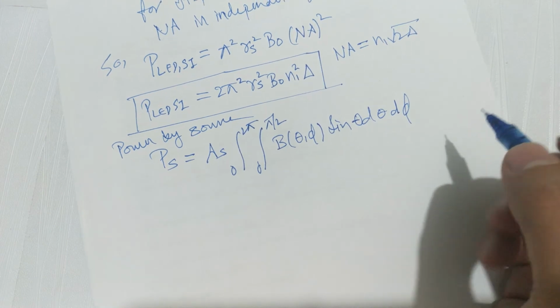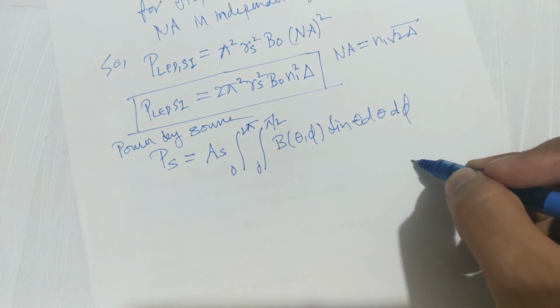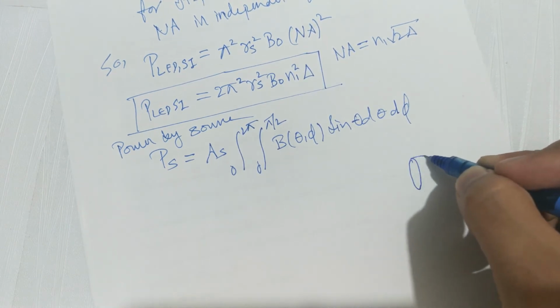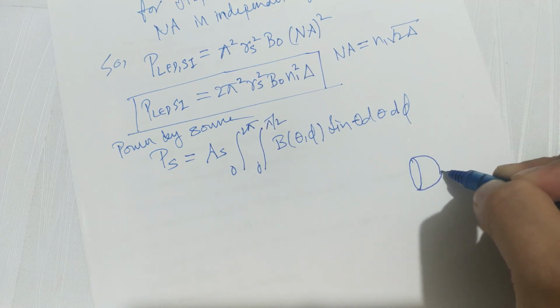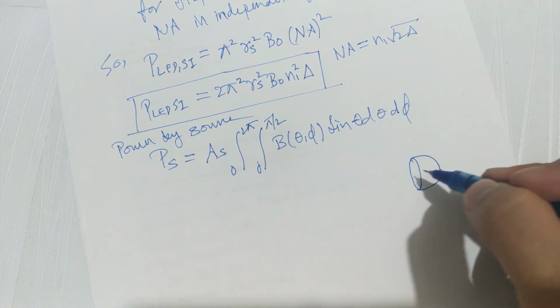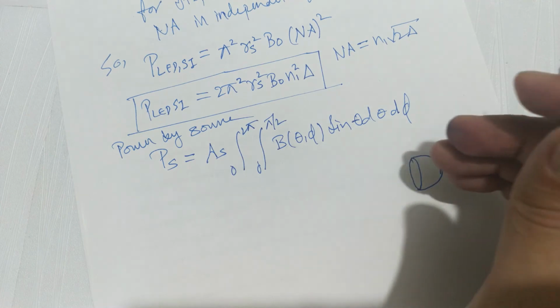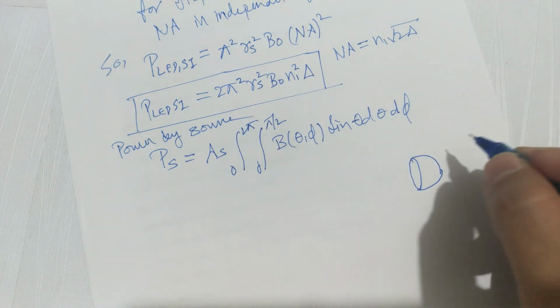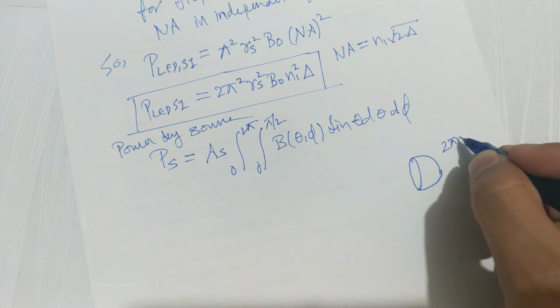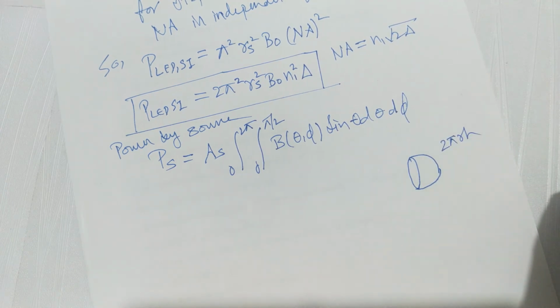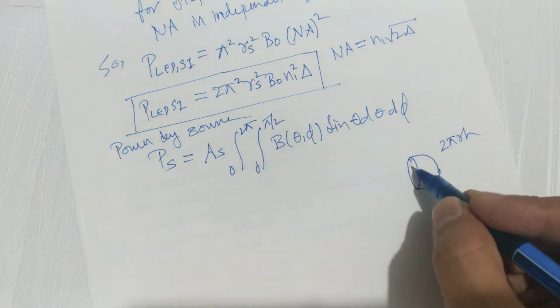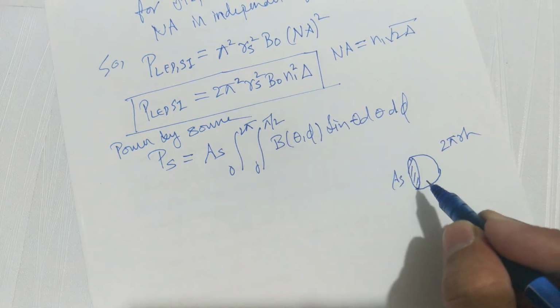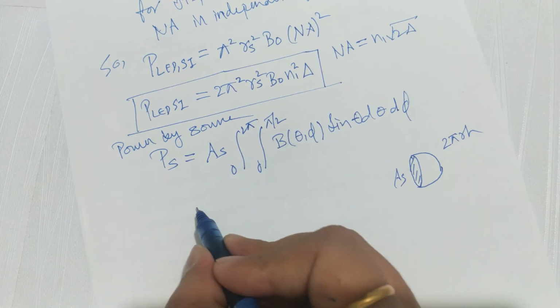Now we are considering a source where the light comes out in the form of a hemisphere.